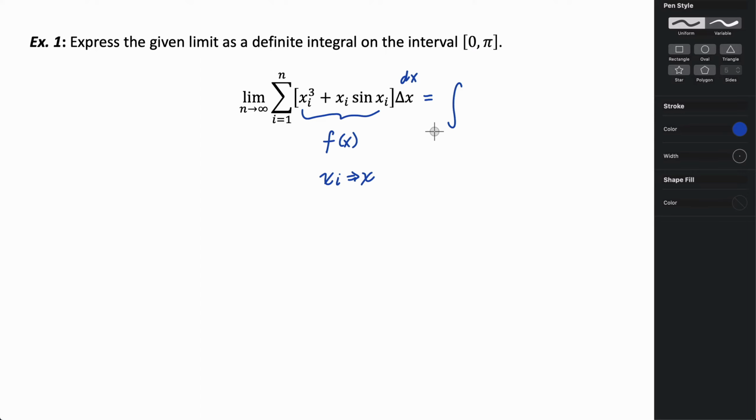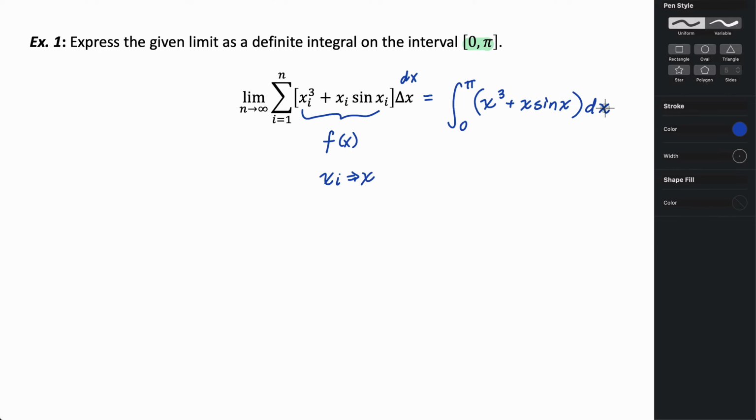We replace x sub i with x in our function, and that's essentially what we have here. So it's going to be an integral from, now remember we said that the interval determines our limits of integration, so it's from 0 to pi, and our function is going to be this whole thing here, so it's going to be x cubed plus x times the sine of x, and then this whole thing times our differential of x, which is determining the variable with respect to which we are integrating.